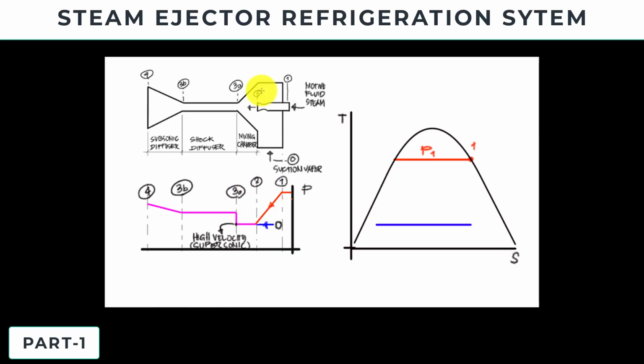So ideally, that is a nozzle. So the process is isentropic expansion, or that will be a constant entropy. So I will be drawing here a dotted line to represent a constant entropy. So I'm gonna name this point as my 2 prime.